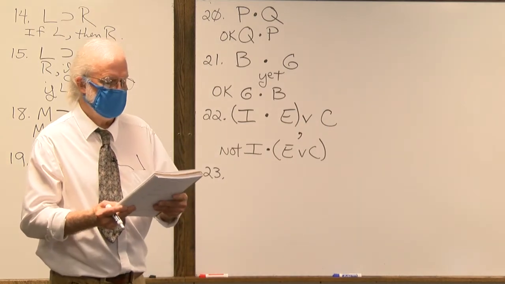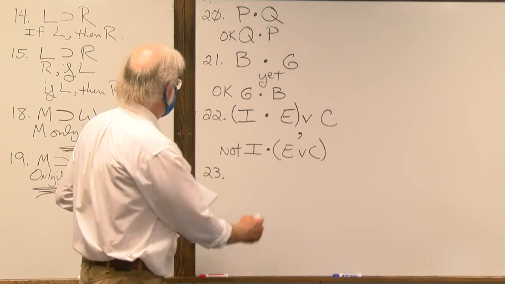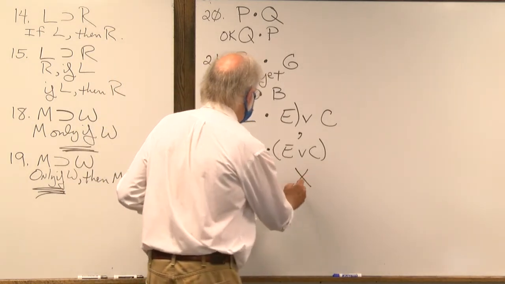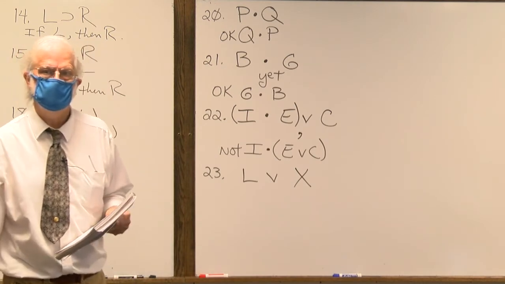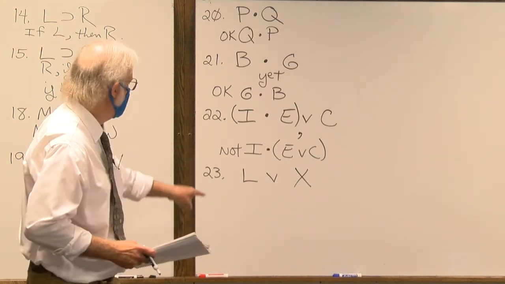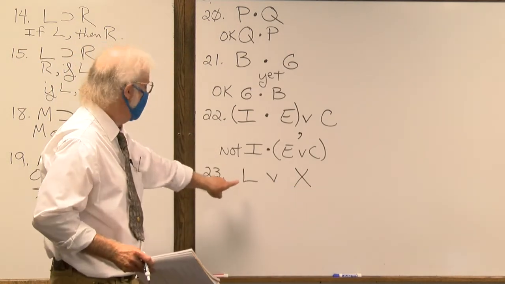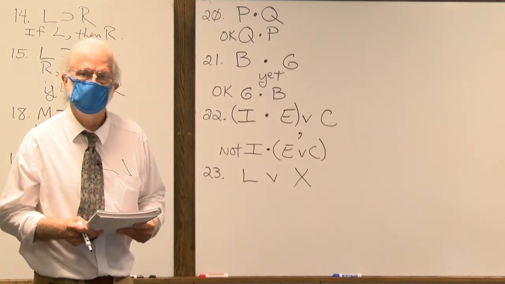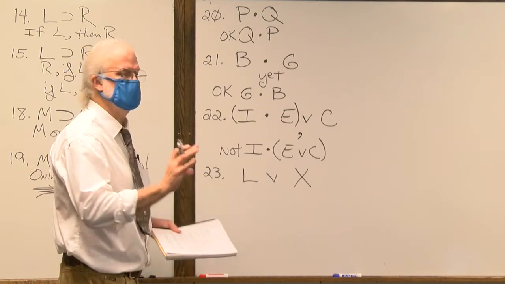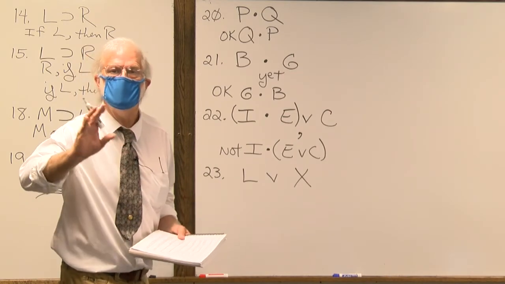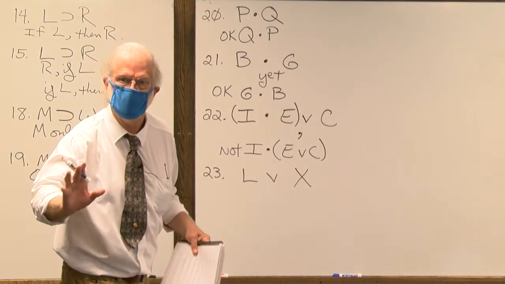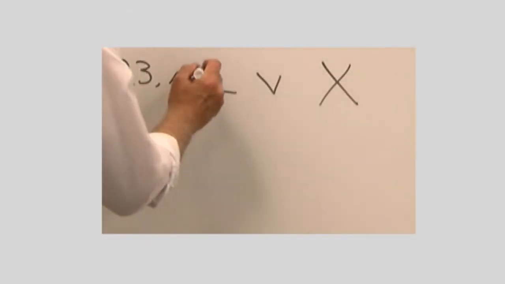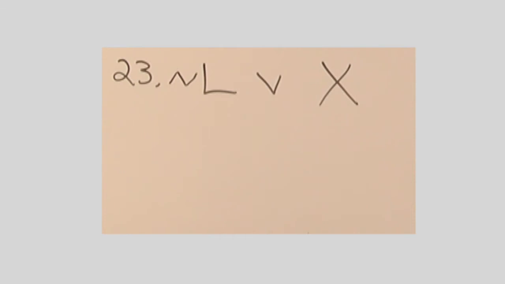It seems rather easy, doesn't it, that what this should be is L wedge X, but that's not right. This is not a correct answer. What does L mean? L means life has meaning. But the compound expression is either life is meaningless, in other words, that it doesn't have meaning. So the L has to be negated with a tilde.